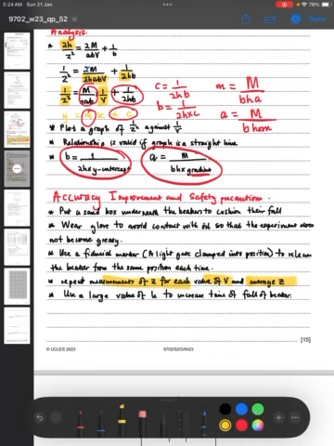But imagine the error is, let's say, 0.01 seconds. If you drop the beaker from a larger height, the time of fall, let's say, is 5 seconds. 5 seconds plus 0.01 means that the error is insignificant. So by increasing h, we have made the error on the time of fall of the beaker insignificant, which improves the accuracy of the experiment.